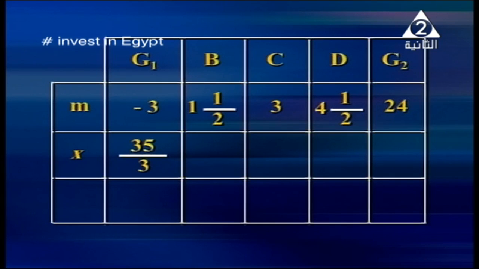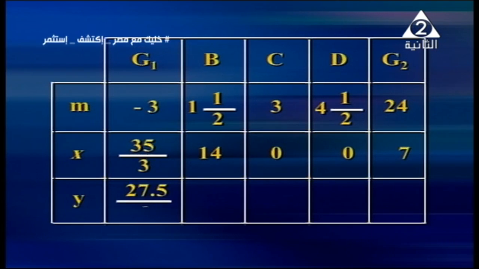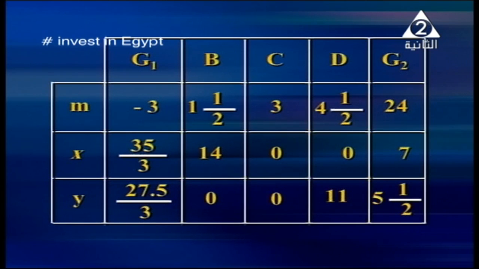What is the x coordinate? 35 over 3, 14 at point B, 0 at point C, 0 at point D, 7 at point G2. What is the y coordinate? 27.5 over 3, 0 at point B, 0 at point C, 11 at point D, and 5.5 at point G2.